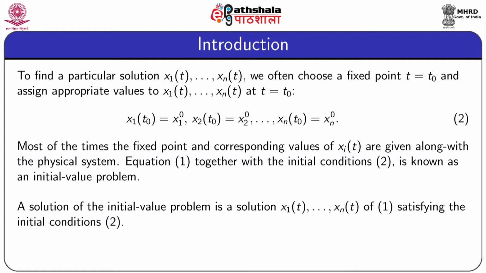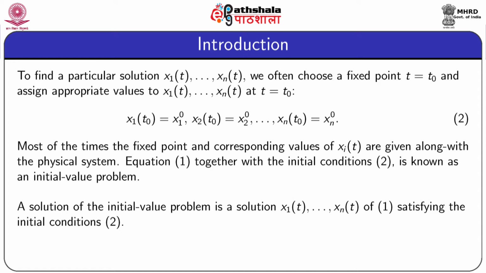To find a particular solution x1(t), x2(t), ..., xn(t), we often choose a fixed point t equal to t0 and assign appropriate values to x1(t), x2(t), ..., xn(t) at t equal to t0, and we write x1(t0) equal to x10, x2(t0) equal to x20, ..., xn(t0) equal to xn0, given by equation 2.